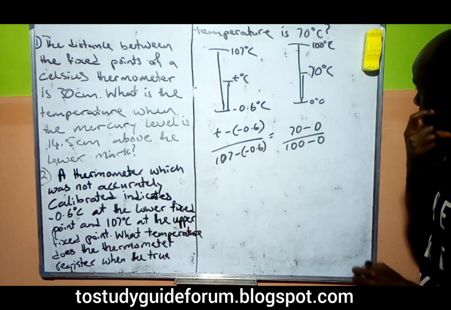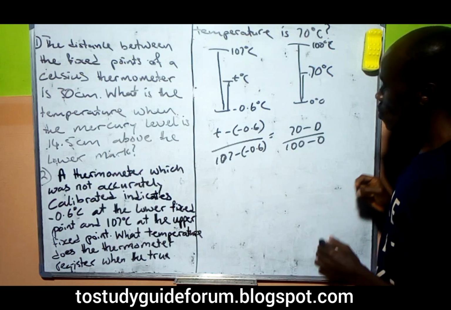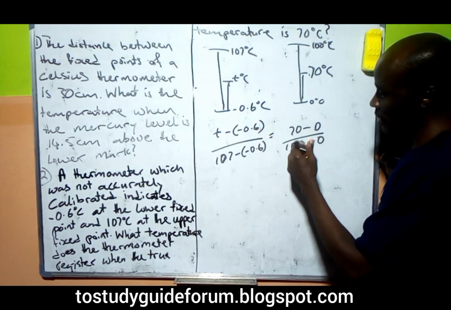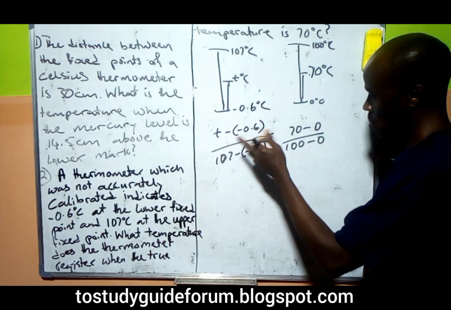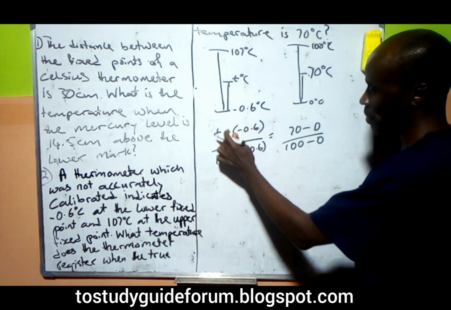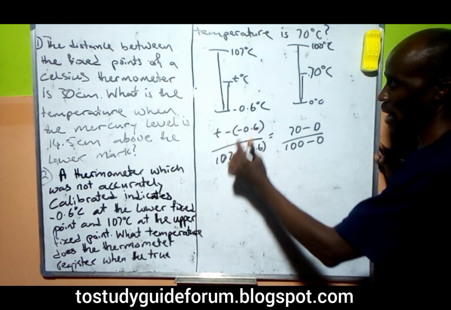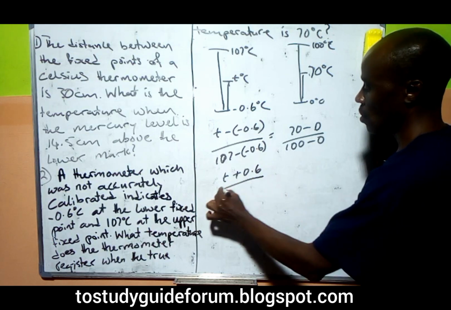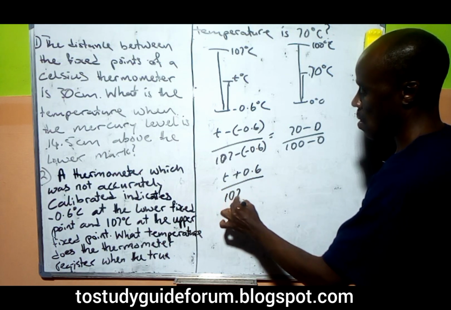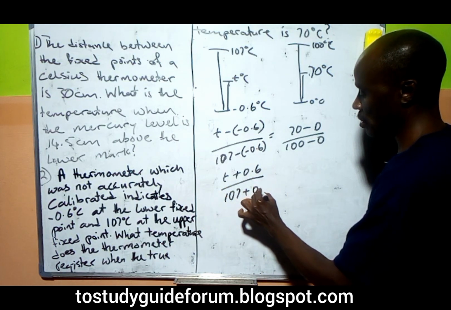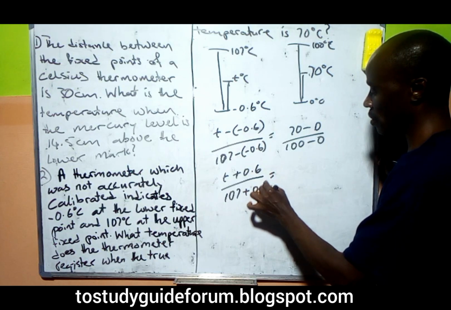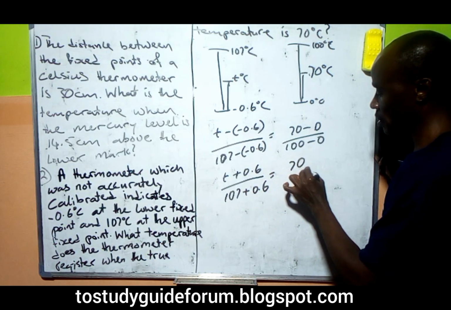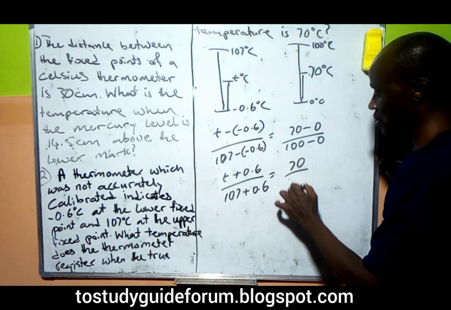So when we cross multiply this, let's finish it up here. Minus, multiply minus, we have T plus 0.6 all over 107 plus 0.6 again. That will give us equal to 70 over 100.